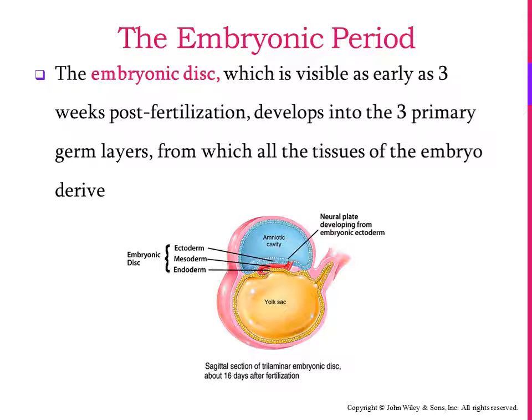So here we have a diagram depicting the early differentiation of the cells within the embryo into three distinct tissue types, or three primary germ layers arising out of the embryonic disc. There is the ectoderm, mesoderm, and endoderm, and these are surrounded by the supporting structures, the extra embryonic tissue.